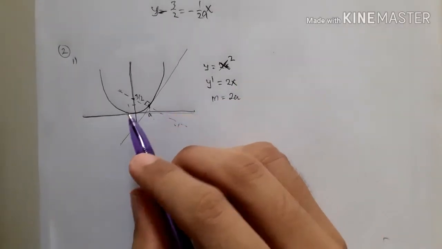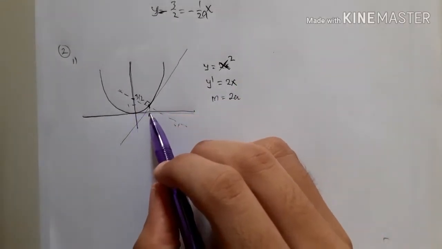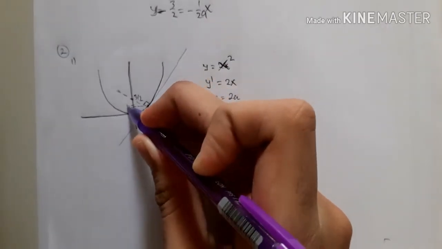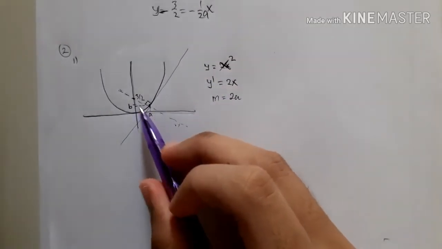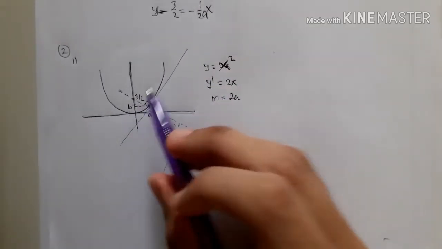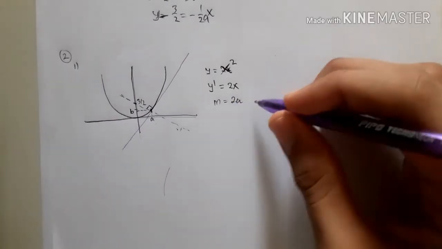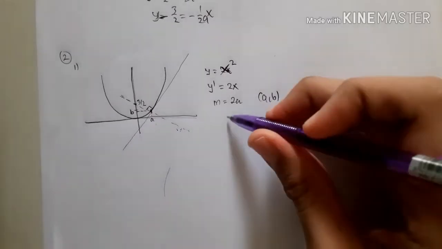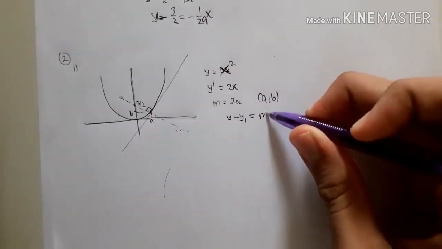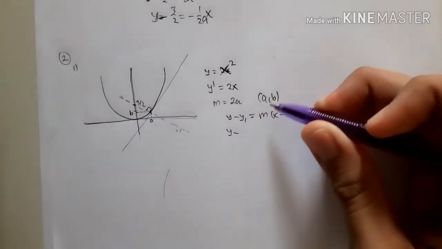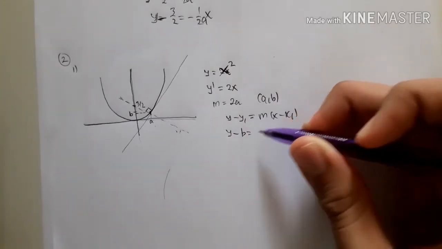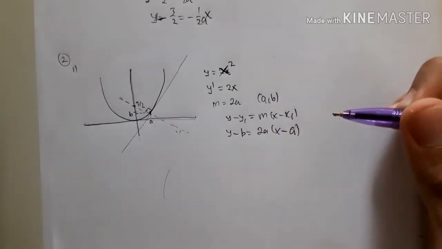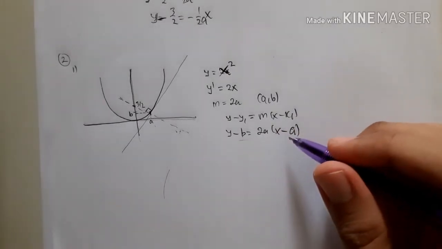Let's say the y coordinate is b, so the point here is (a, b). So we have the point (a, b) and the gradient 2a for the tangent line. The equation of the line is y minus y1 equals m times (x minus x1), where y1 is the y coordinate b, m is the gradient, and x1 is the x coordinate. So we basically get this equation.